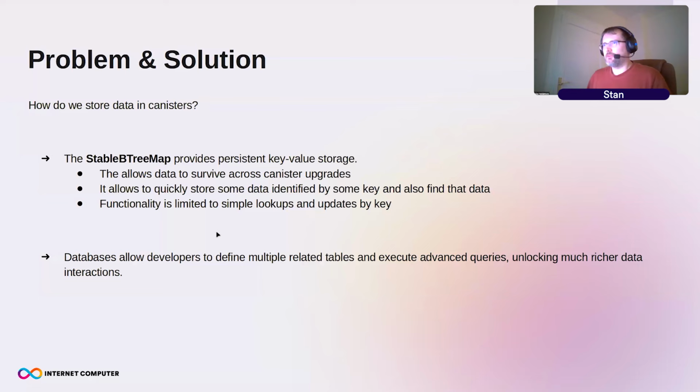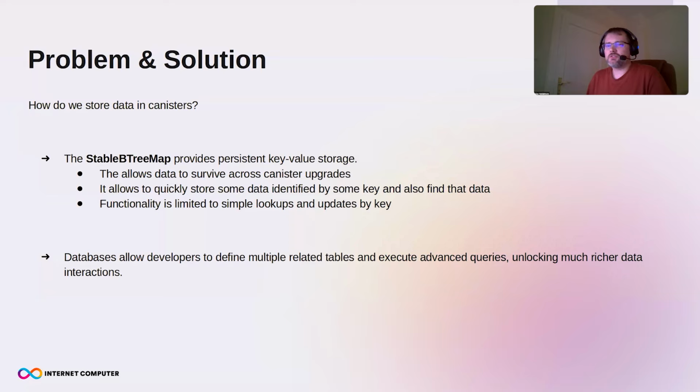First of all, what is the problem? How do we store data in canisters? In Rust canisters, it is often the case that we use stable structures. This is something that allows you to preserve the information on the canister between upgrades. One of the most popular data structures is the stable B-tree map.